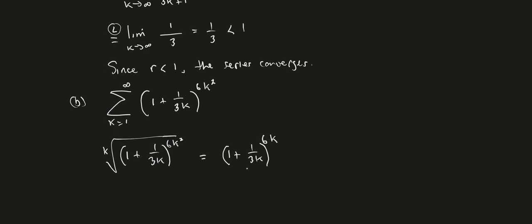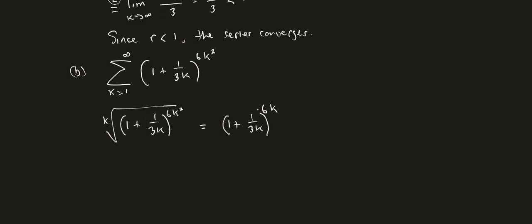All right? So now we have to take the limit as k goes to infinity of this, and this is how r is defined. So it's the limit as k goes to infinity of 1 plus. Now, this does look like that special formula that we can use with our e, right? It does look like it's related to that.